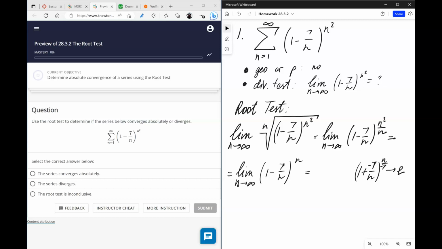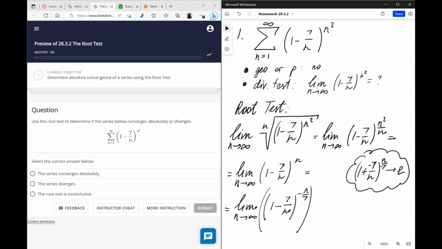And with that in mind, I'm going to rewrite this as 1 minus 7 over n to the power negative n over 7. But I don't have negative n over 7, I have n. So that means I have to raise everything to the power negative 7 to produce an equivalent expression.